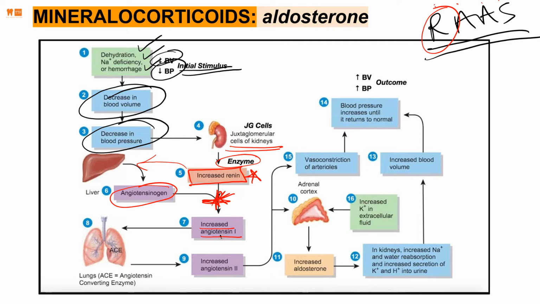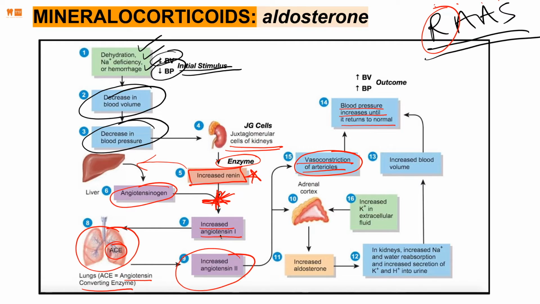Angiotensin 1 is then sent to the lungs, the head office. Head office says angiotensin 1 can now convert into angiotensin 2 using the lungs' enzyme known as angiotensin converting enzyme. That angiotensin 2 goes and directly affects vasoconstriction of the arterioles, and blood pressure goes up until it returns to normal.